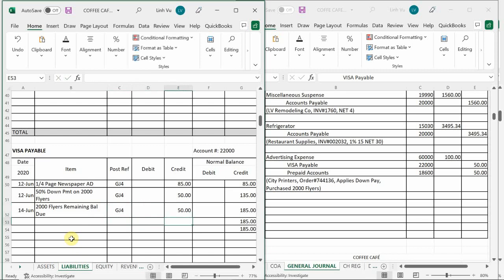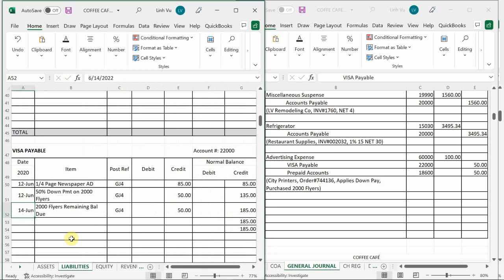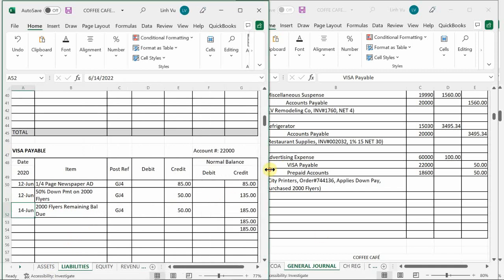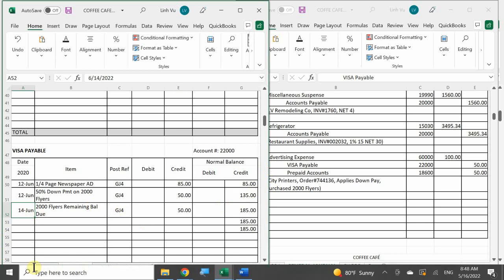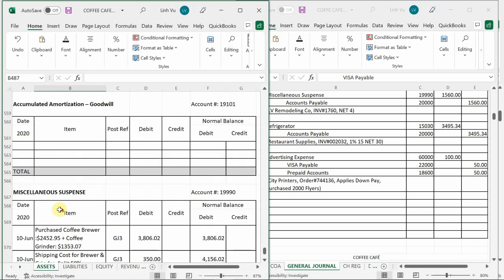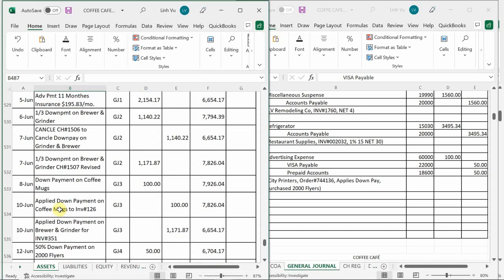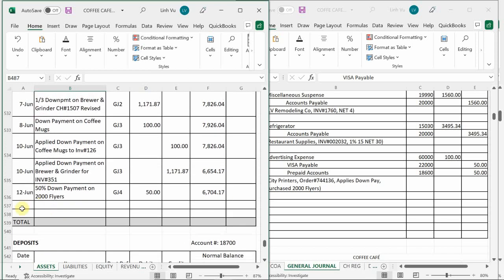We charged another $50, so now I owe $185. Okay. And I also have to apply my down payment to my invoice. So in this case, here you go, prepaid.